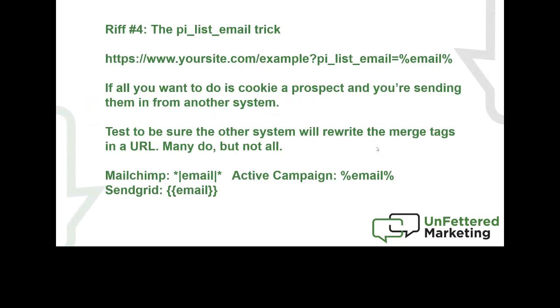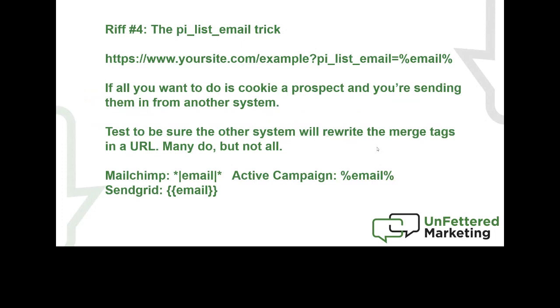And where did this all come from? It's this really old thing that's been in Pardot forever, the pi_list_email parameter. Pardot put this in, and it's really genius, frankly, from a long time ago. It was originally intended as a way to get email from some other system to come into Pardot automatically.